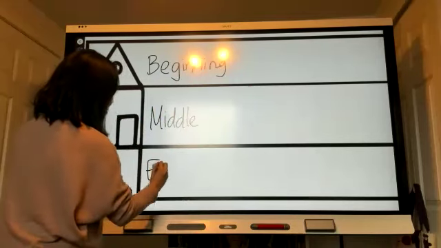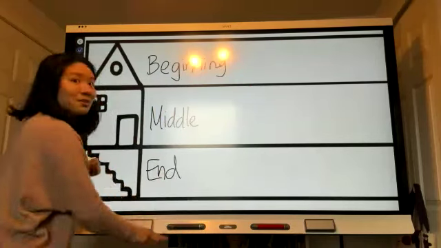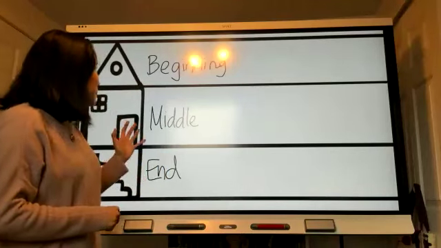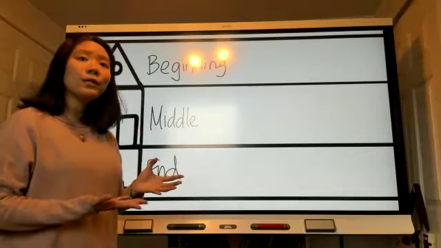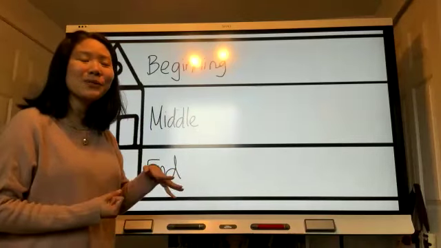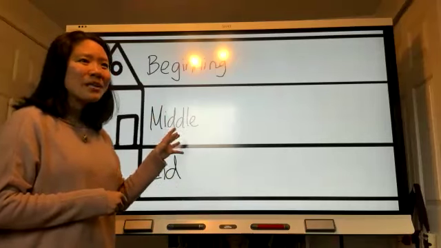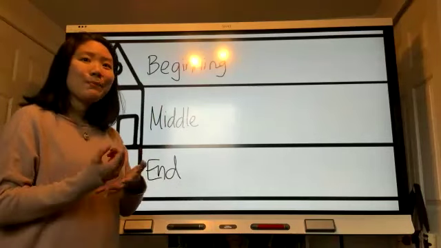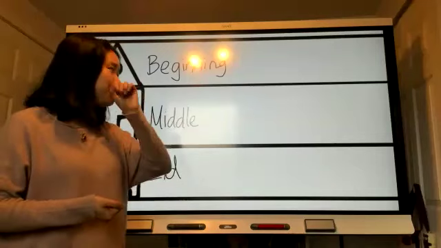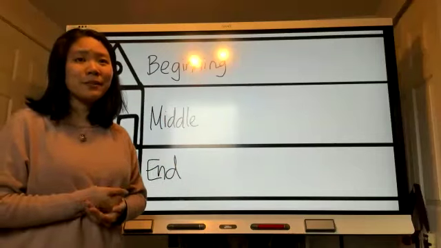She wanted to use this graphic organizer to talk about the beginning, middle, and end of a story. So however you would like to use these, don't let the title or the initial idea of what it's supposed to be limit you from how you want to use that graphic organizer or that manipulative.